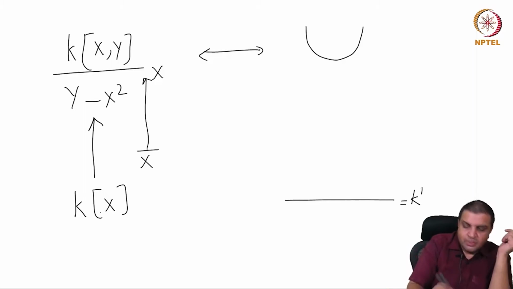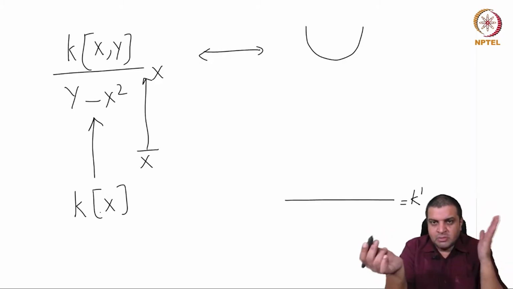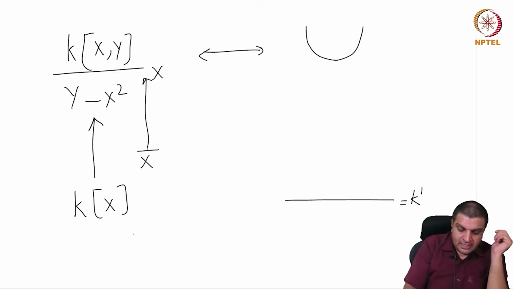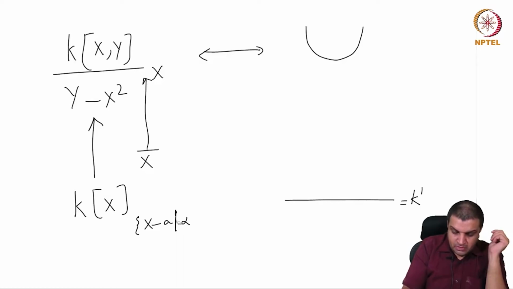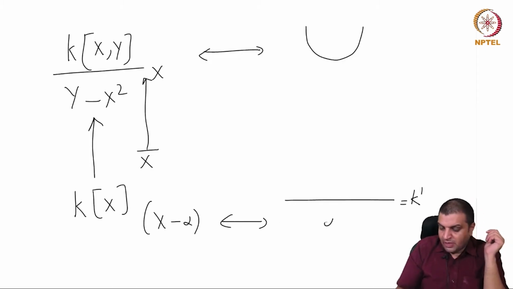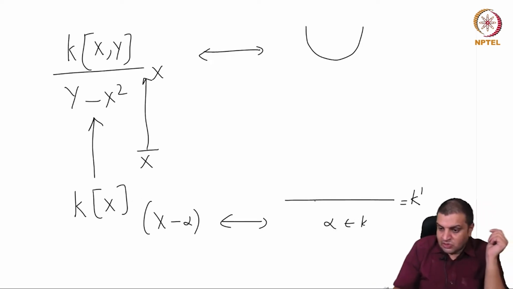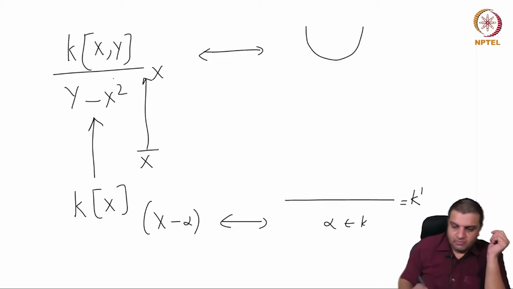When we draw pictures, we are thinking about the maximal ideals, and the MaxSpec of k[x] is of the form x minus alpha, which corresponds to the point alpha inside K^1. So we can think of this ring as corresponding to this line.